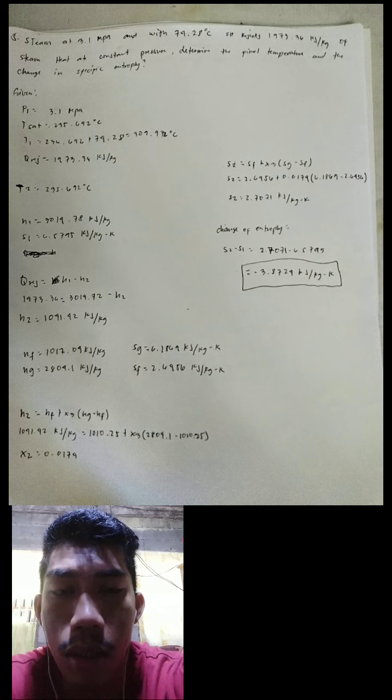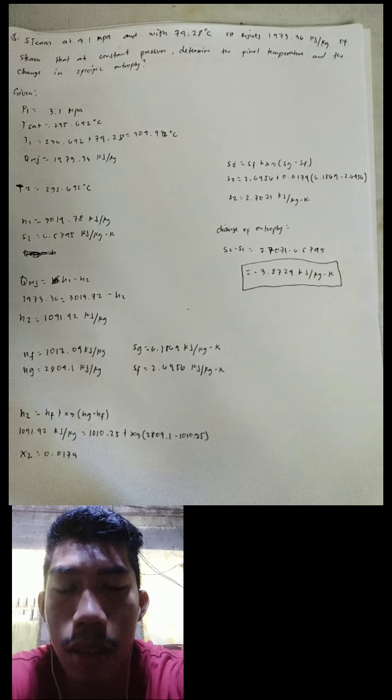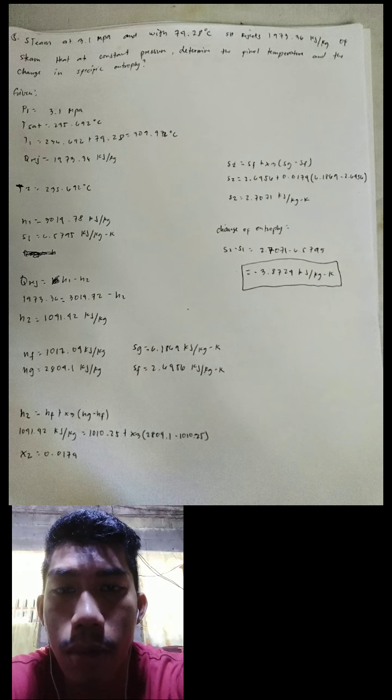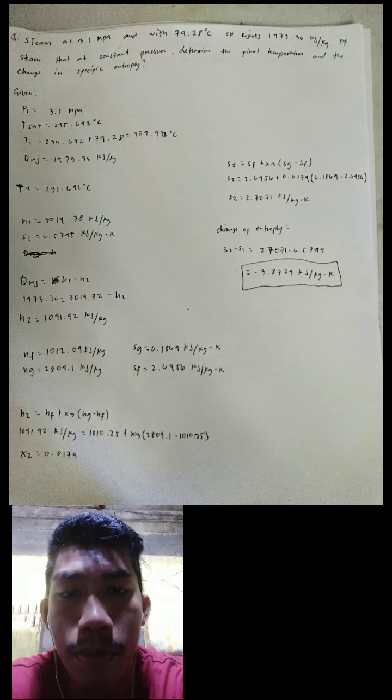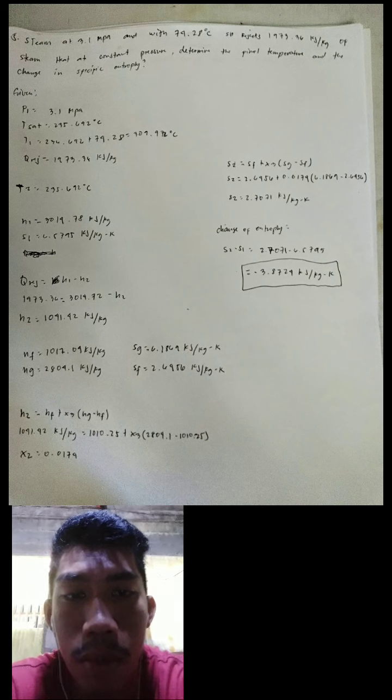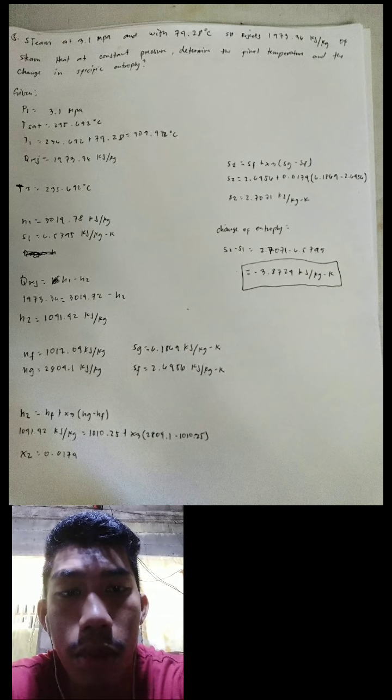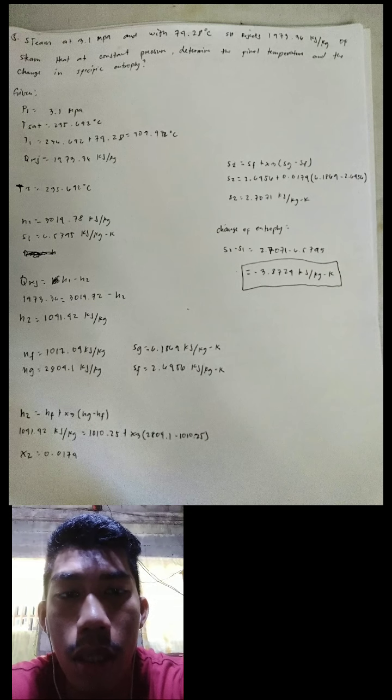Substituting into the given, H2 is 1041.42 kilojoules per kilogram, equal to Hf, which is 1010.25, plus X sub 2 multiplied by Hg, which is 2804.1, minus Hf, which is 1010.25. So the value of X2 is equal to 0.0174.